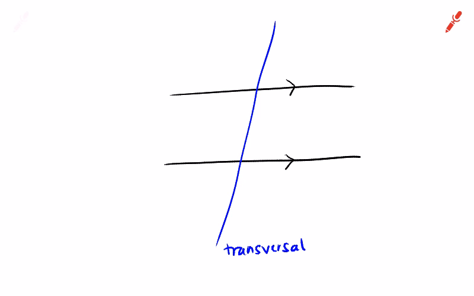Most of the time, and actually I think in all of the pictures you sent me, there's more than one transversal, which makes it a little bit more confusing. So for the sake of this video, just for the quick review, I'm going to use one transversal, but as we deal with the problems that you sent me, we'll obviously tackle what will happen if there's more than one transversal.